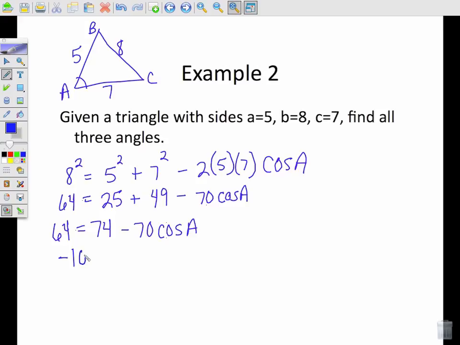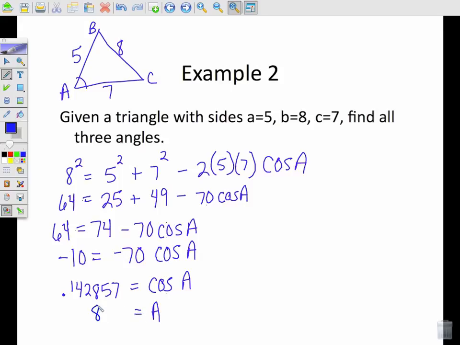And if you subtract 74, you get negative 10 equals negative 70 cosine of A. Divide by negative 70, and you get 0.14287 equals cosine of A. Now you would do inverse cosine of that decimal, and you get the angle to be equal to 81.8 degrees.